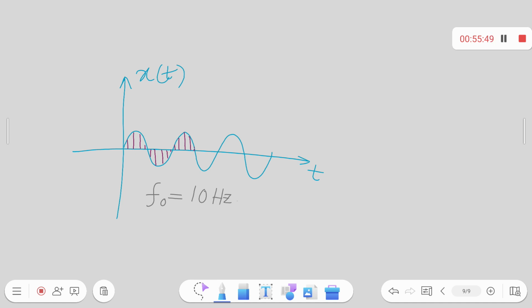And suppose you take fs to be any irrational number. That cannot be represented in this particular form. That means I cannot write f naught by fs in this m by n form.